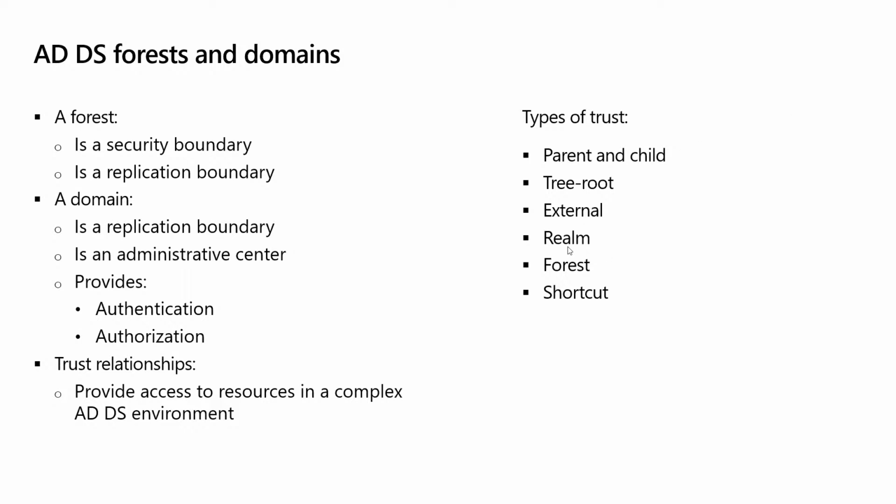Then realm is the actual connectivity between forest to forest. Forest connection is the collection or the security boundary of the same domain. Okay, so there are domains. If you establish trust, meaning you have given access to your domain, they can access the whole forest, but you have to do that manually.